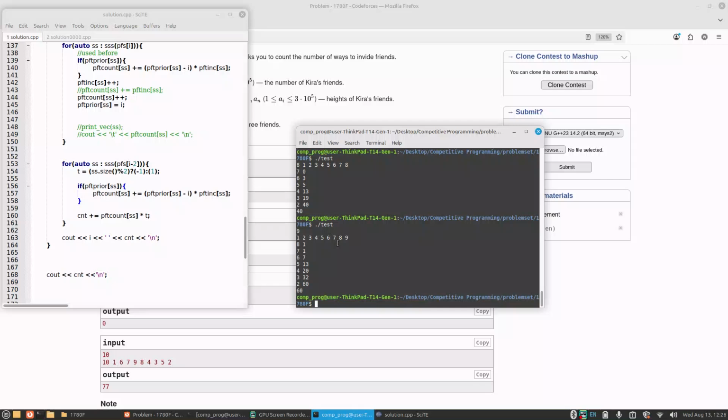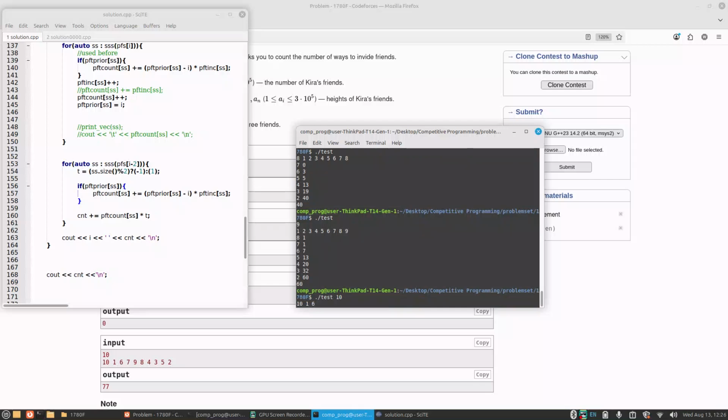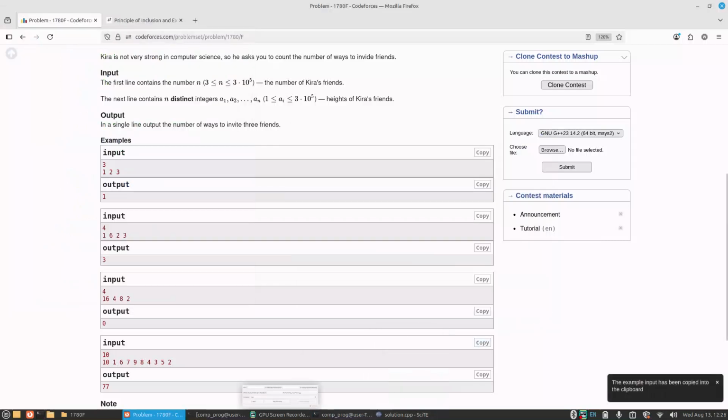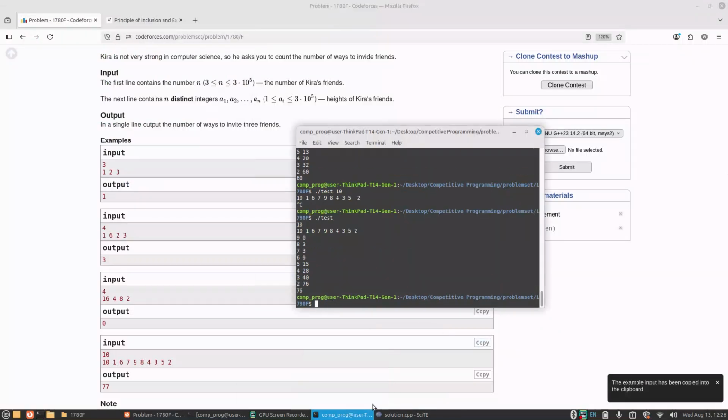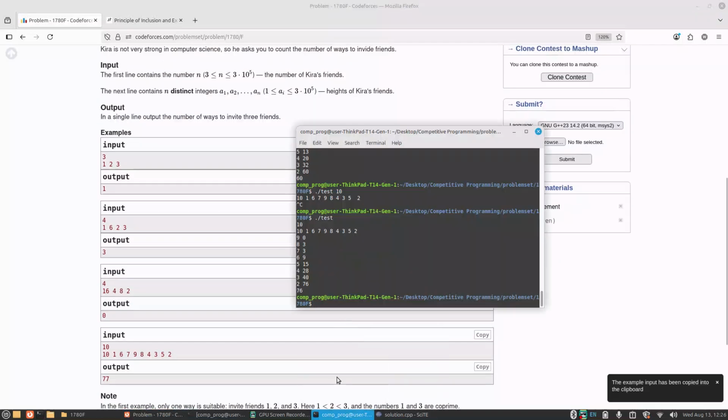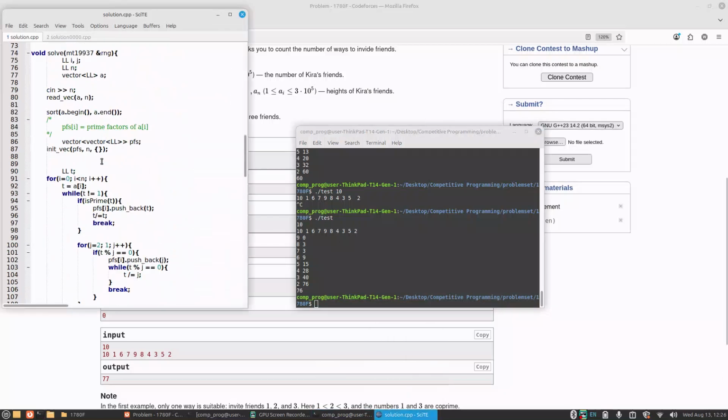Yeah, so why is it screwing me on 10 in particular? What did, surely I sorted the list here.